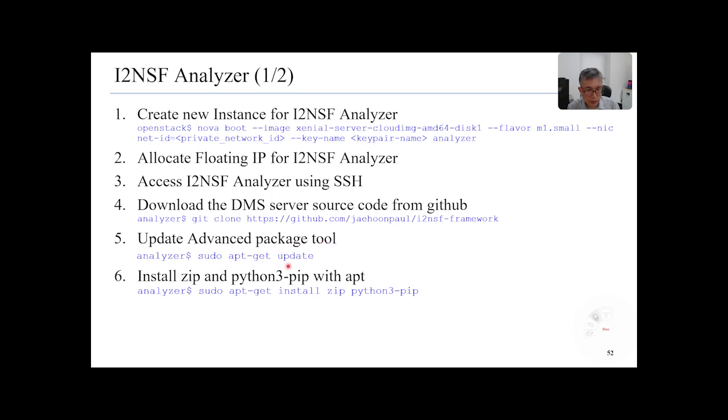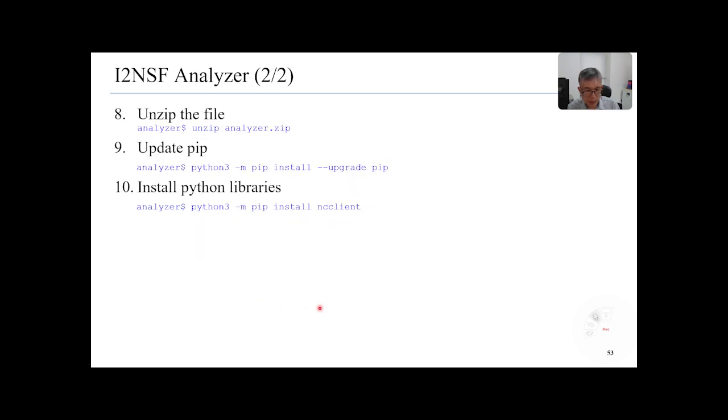Sudo apt-get update, and then install zip and Python 3 pip with apt, using this command. And then unzip the analyzer zip file, and update the pip, Python 3 pip installation performed, and then install Python libraries using this command.